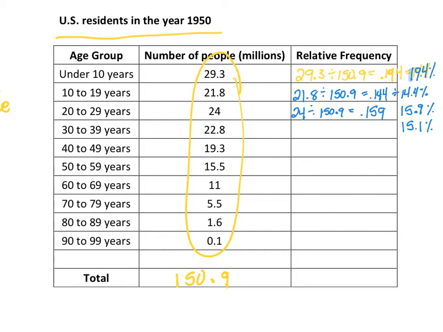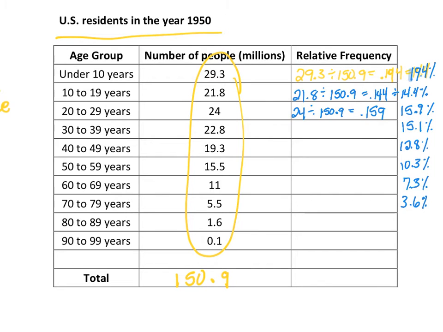Then 19.3 divided by 150.9, and you'll get 12.8%. 15.5 divided by 150.9 is about 10.3%. And the next one would be 7.3%.